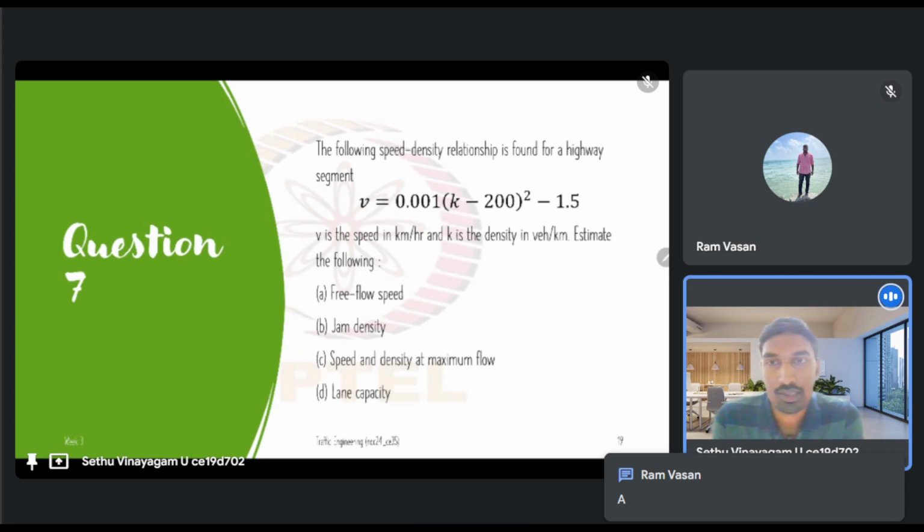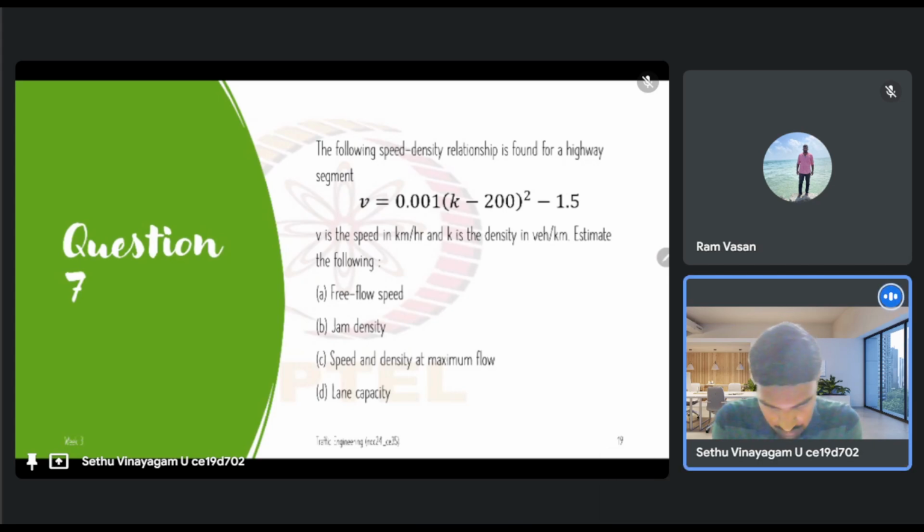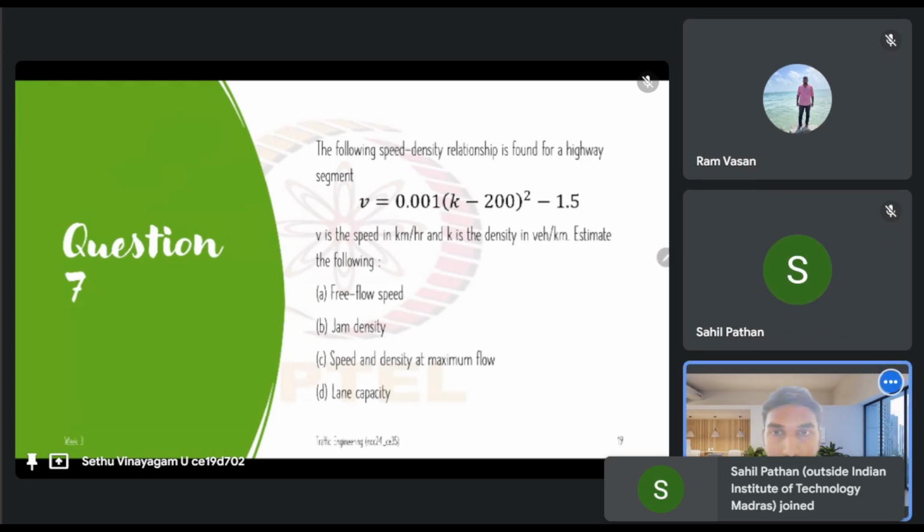Actually, you need to estimate all these quantities. It's not an MCQ, so you need to find out what is the value of free flow speed, value of jam density, and so on.